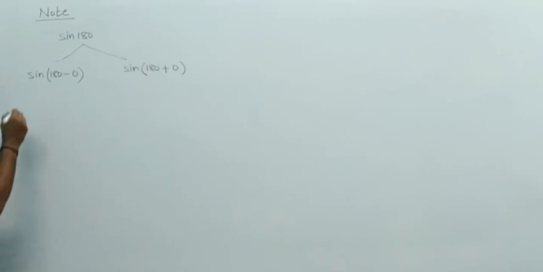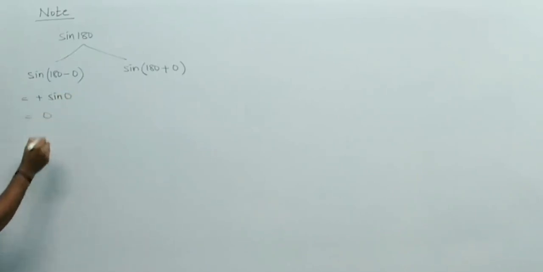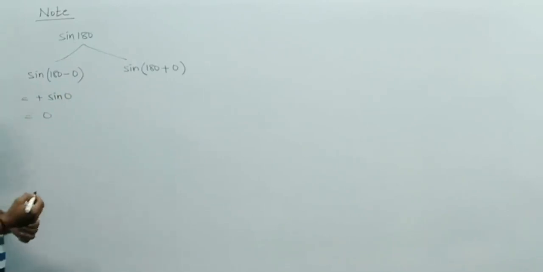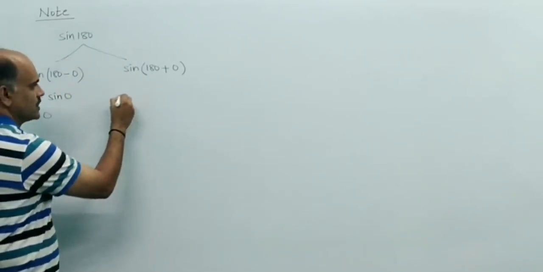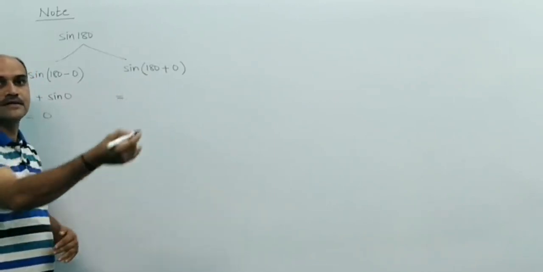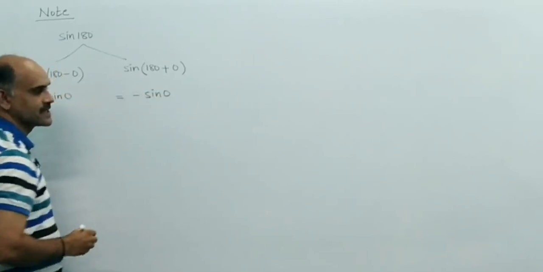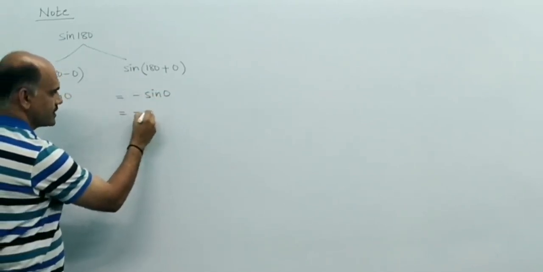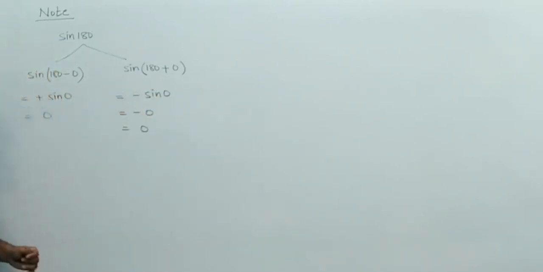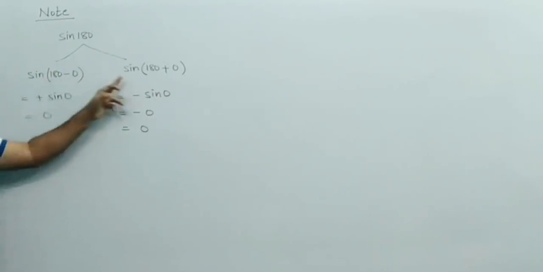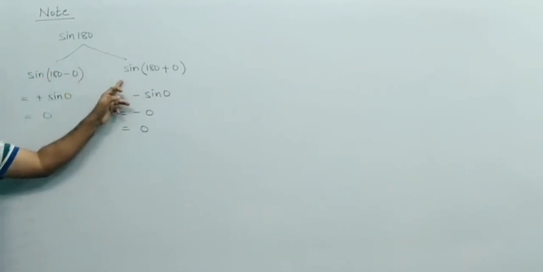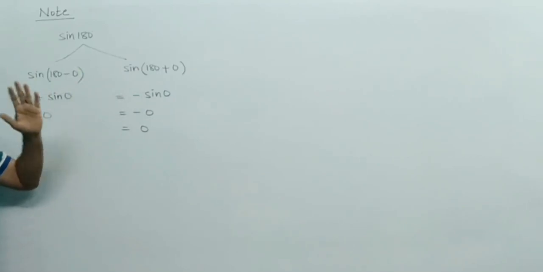In the second quadrant sin is positive, so you'll have plus sin 0, and sin 0 is 0. Now if I take 180 plus, it will be in the third quadrant. In the third quadrant sin is negative, so you'll have minus sin 0. But sin 0 is 0, so plus 0 or minus 0 are both the same. Any way you keep it, you will have the same answer.